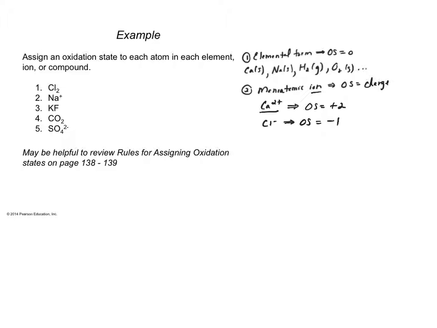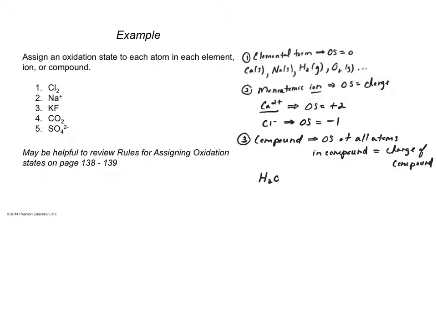Okay, so then the third one was if we have any type of compound, meaning more than one element combining, the oxidation states of all the atoms in the compound have to sum to the overall charge of the compound. So for example, let's say we had something like water.